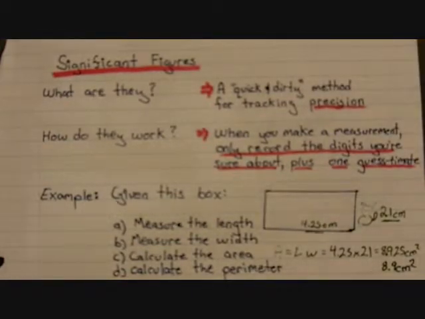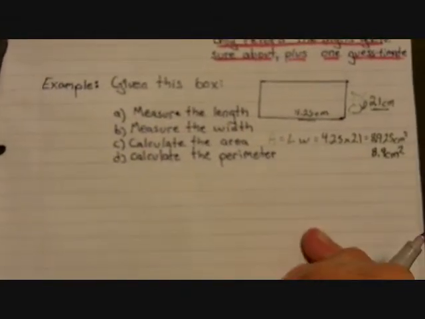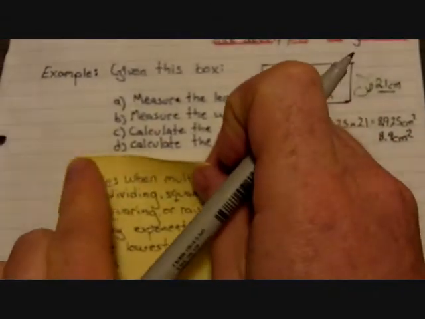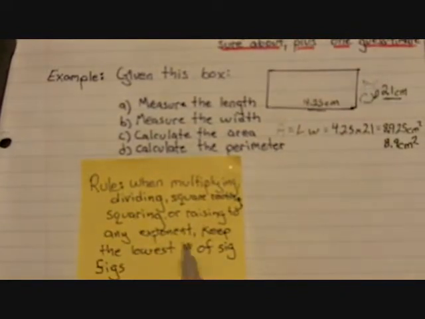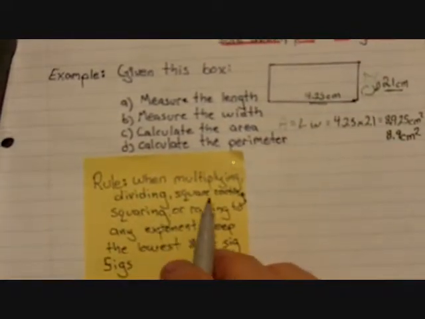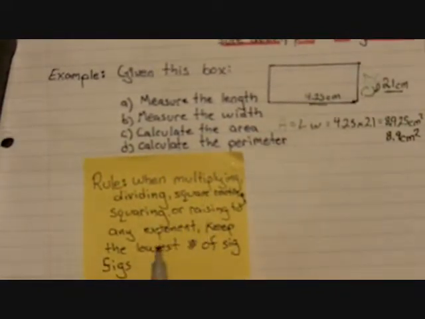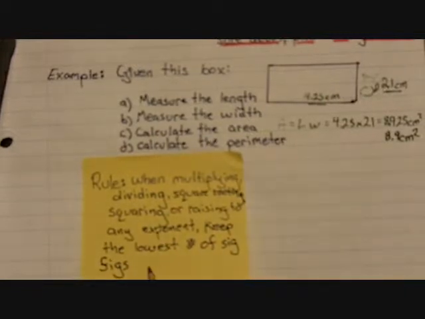So this brings up our first rule. When multiplying, dividing, square rooting, squaring, or raising to any exponent, you want to keep the lowest number of sig figs.